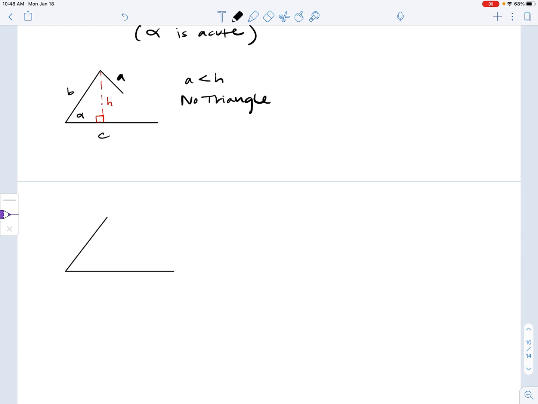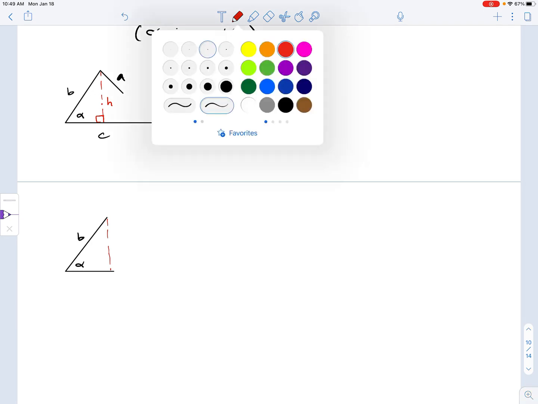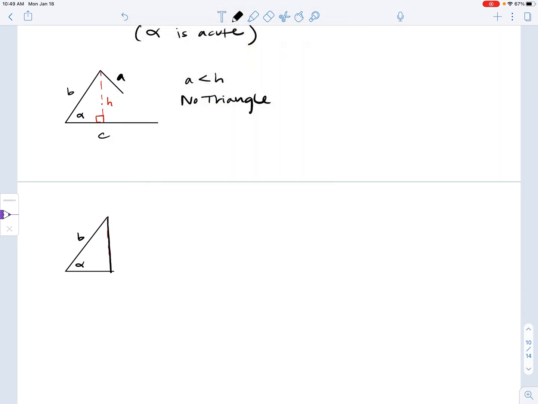Now, I'm going to try and draw that same picture. So if we have alpha and B, and the height and side A are equal to each other, then there's one triangle.